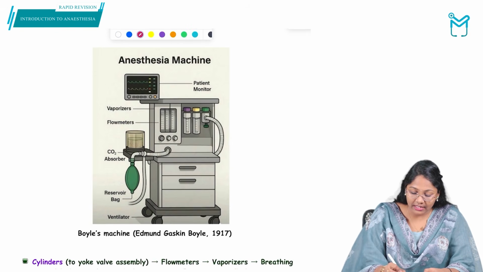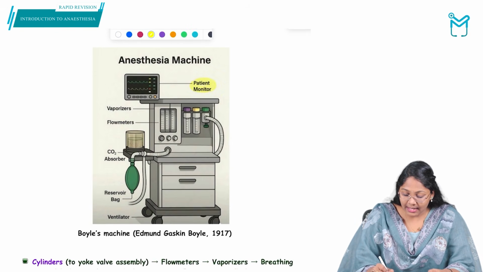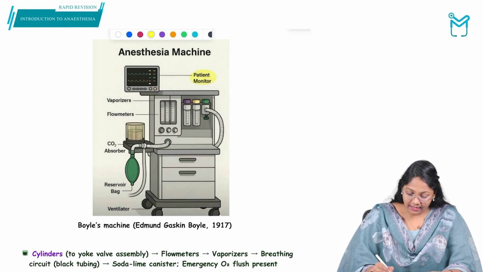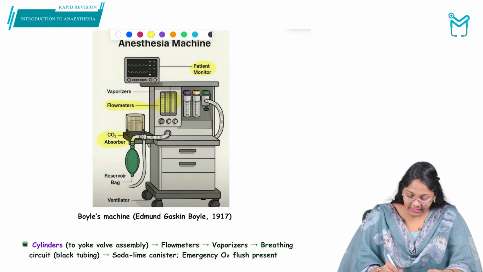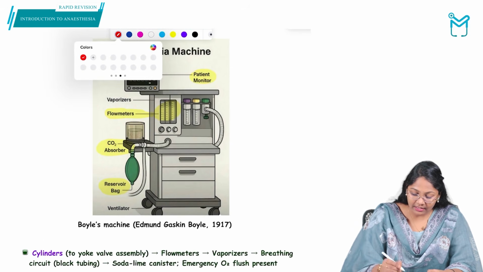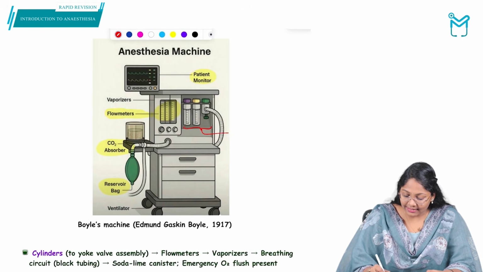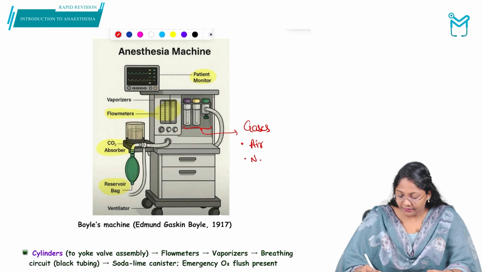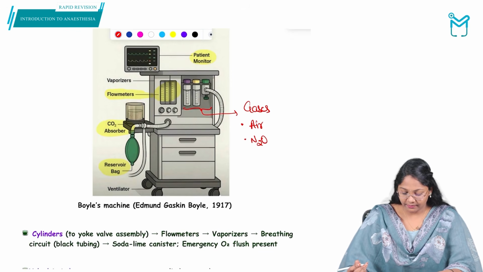Here, this is the patient monitor, in which you will know their pulse as well as SpO2. These are the flow meters. This is the carbon dioxide absorber. This is the reservoir bag. And here we have the gases, which consist of air as well as nitrous oxide.